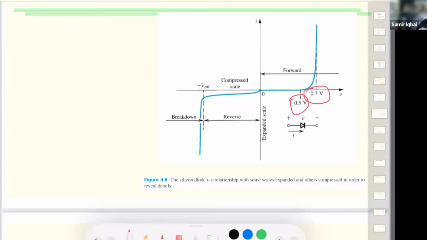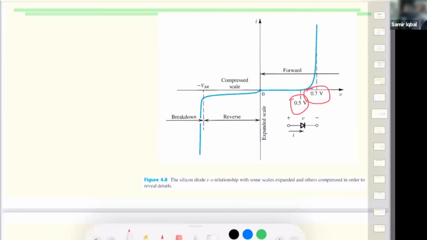We call it break-in voltage. 0.7, we take it from that calculation of VT, kT by q. So this is what tells us after which the diode turns on, right?